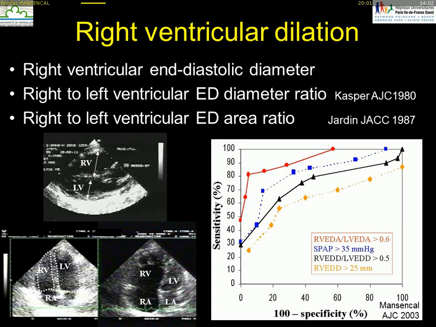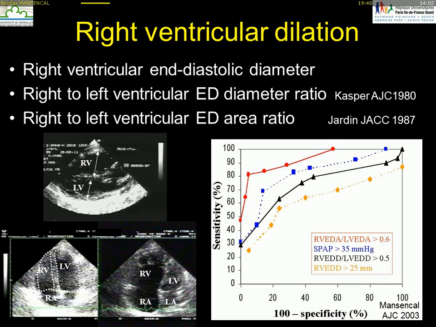We have different echocardiographic parameters to define a right ventricular dilation: the right ventricular end-diastolic diameter, the right to left ventricular diameter ratio, and the right to left ventricular area ratio.